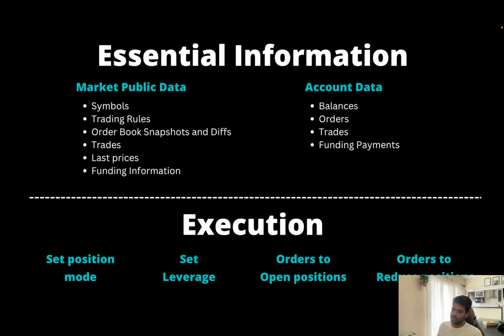If you are using 10x, and the price goes down 10% and the collateral is all the funds that you have, you will be liquidated. If you use 100x, and the price moves 1%, you will be liquidated too. So that's why you have to be careful with the leverage.